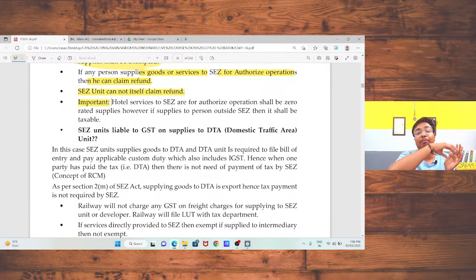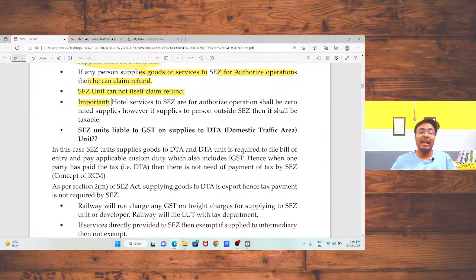That means all the supplies by the hotel to the SEZ unit shall be treated as zero rated supply, GST should be charged at the rate of 0%, and the hotel is eligible to take the refund of its accumulated balance of input tax credit.